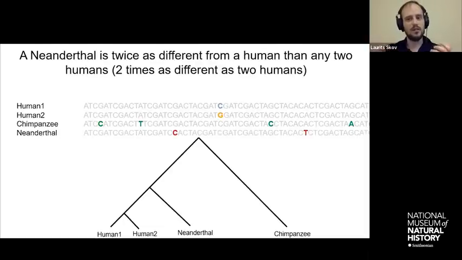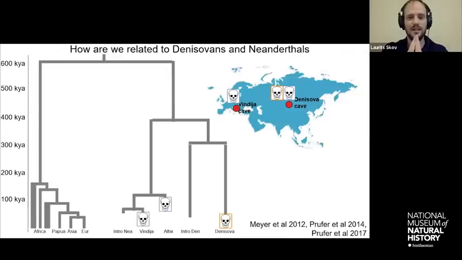Neanderthals are something like twice as different as any 2 humans. So you can make a family tree out of that, where the chimpanzee would be more distantly related to humans, and Neanderthals would be more closely related. We can actually make a family tree from the DNA sequences.